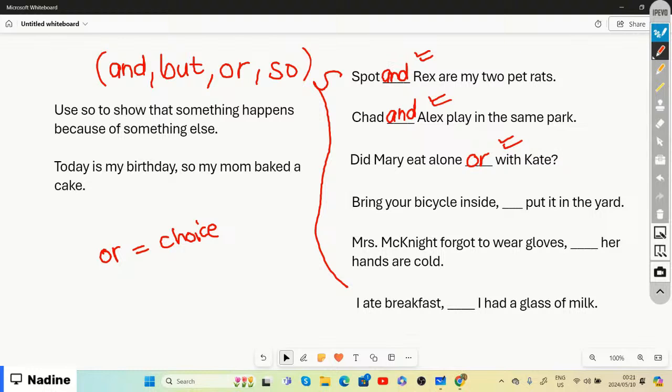Bring your bicycle inside. Put it in the yard. This is a choice. What is the correct conjunction? It shows a choice.